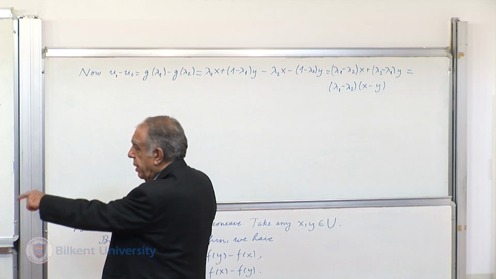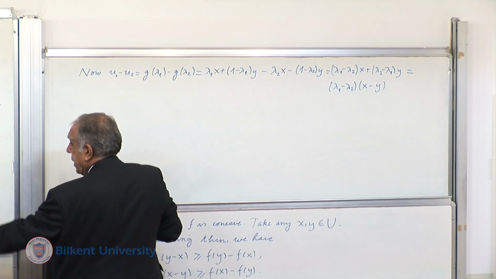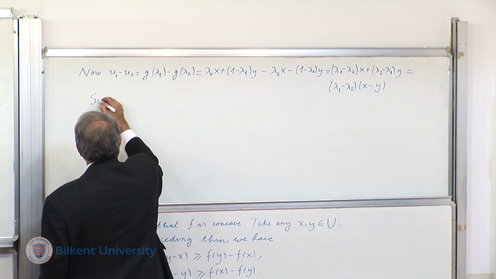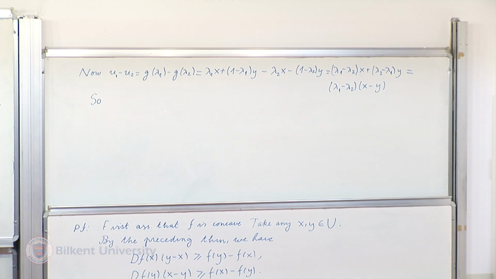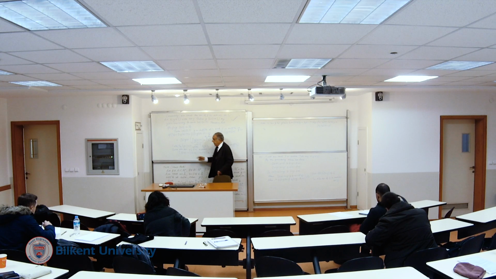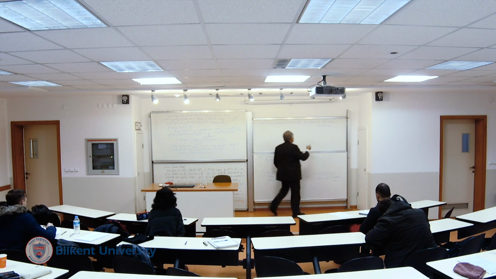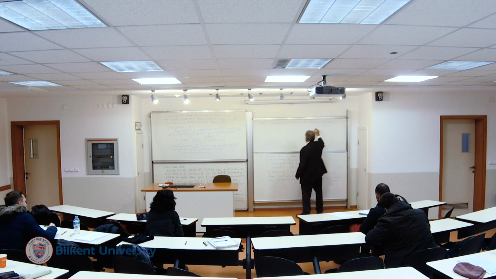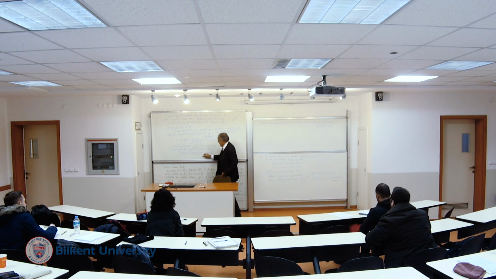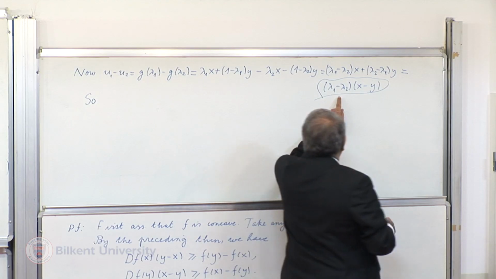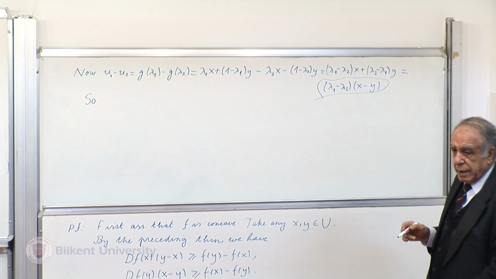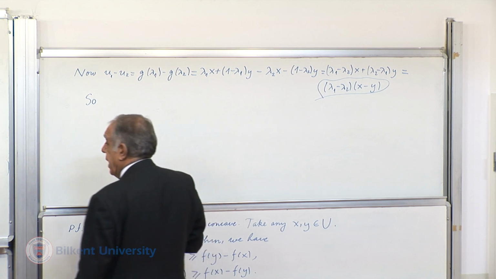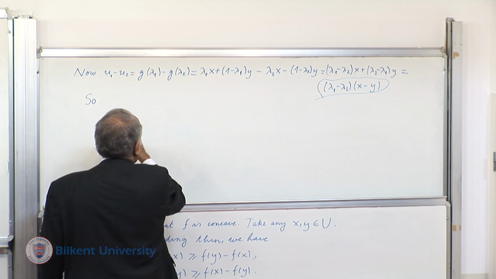Now then we have this. By linearity of both of these, they're both linear, this is what we have here in the argument. But then, by linearity, we can take the scalar lambda 1 minus lambda 2 outside the scope of differentiation. So, let me write it.